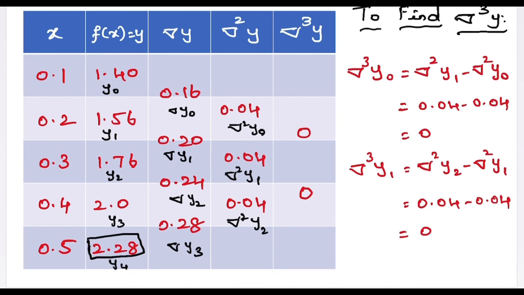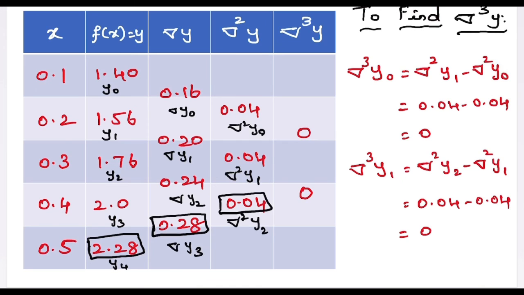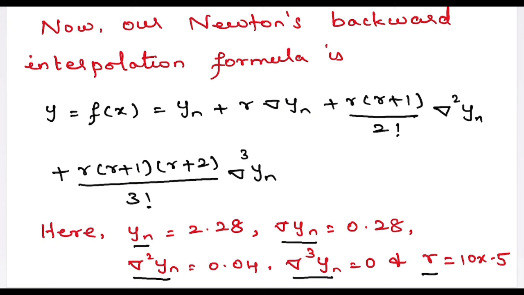Delta yn is equal to 0.28. Delta square yn is equal to 0.04. Similarly, delta cube yn is equal to 0. And we have already found out r is equal to 10x minus 5.